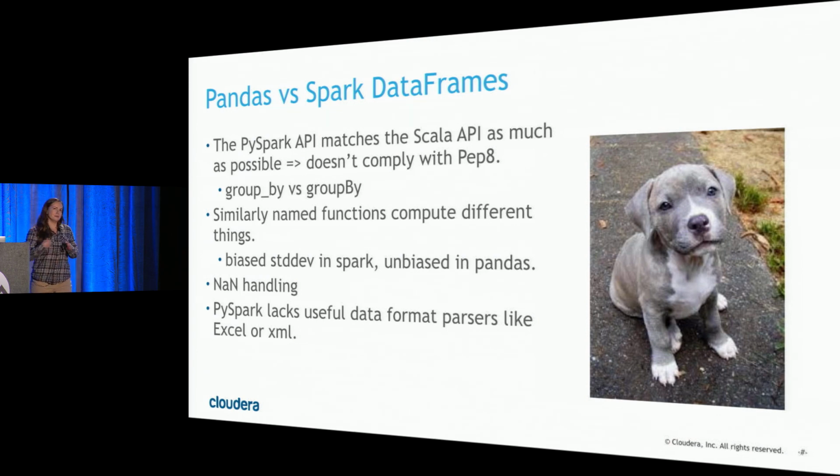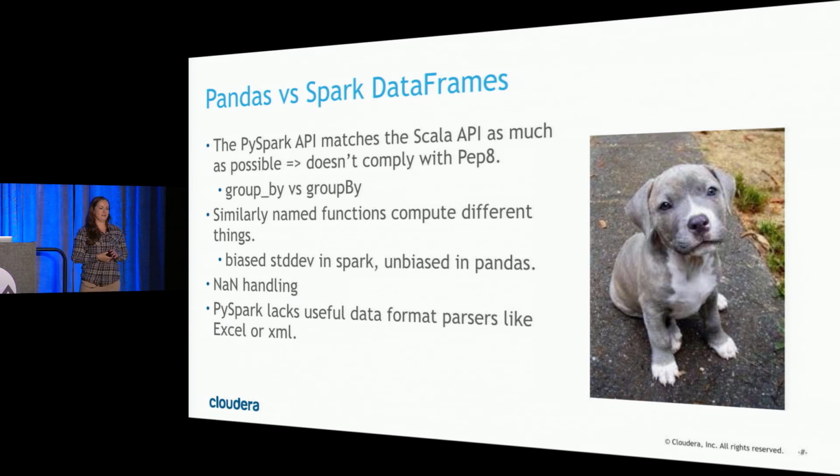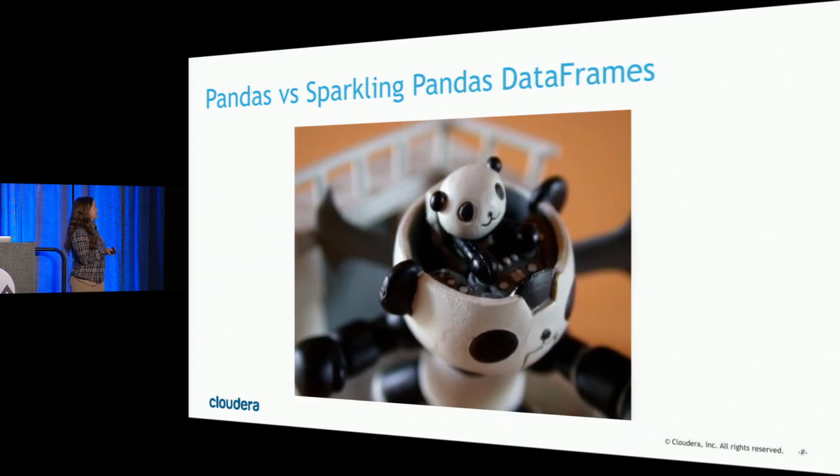There are many ways in which I have found the Python API for Spark data frames to be very much wanting. Thus, my friend Holden Karau and I created Sparkling Pandas. And this is an accurate representation of how the first version of Sparkling Pandas worked. Our goal in this project was to create an API for Spark data frames that matches the Pandas API as close as possible.